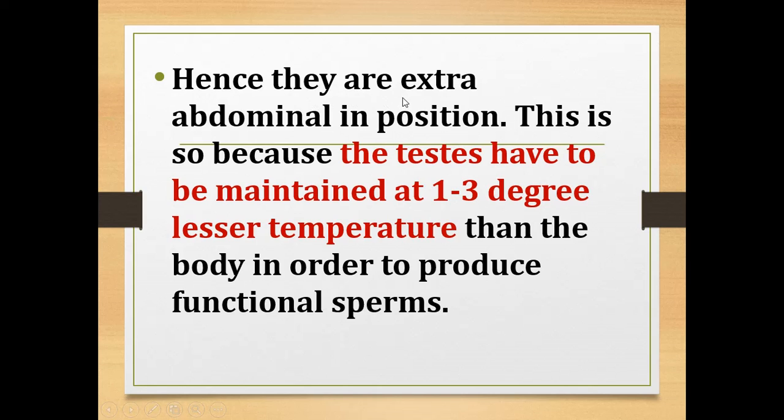Hence they are extra-abdominal in position, because the testes have to be maintained at a temperature 1 to 3 degrees centigrade lower than the body in order to produce functional sperms. Sperms cannot survive at higher temperature.